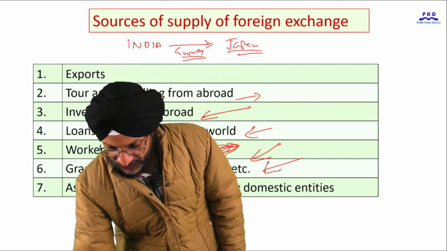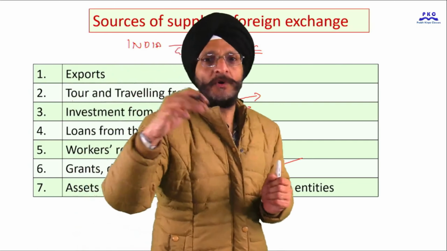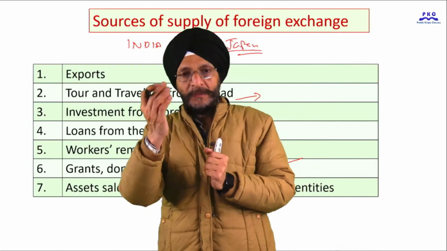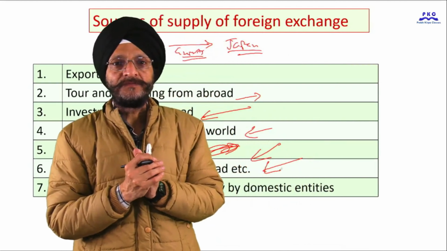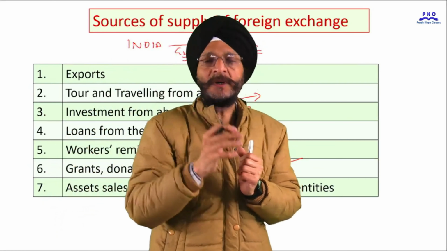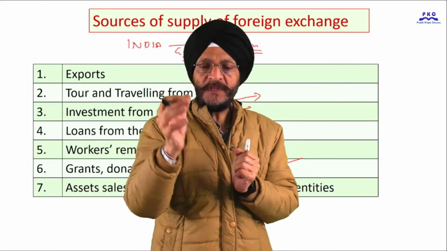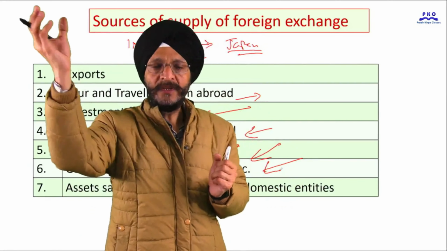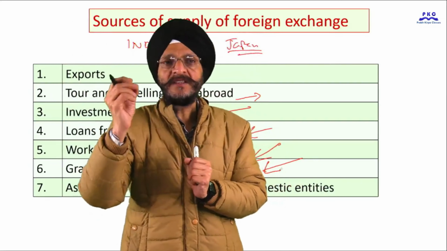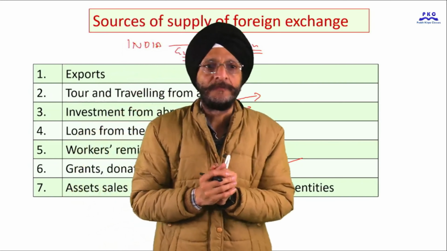Sometimes we receive grants and donations from abroad. It may be unilateral transfers or some sort of grants for investment purposes or some specific purpose. Some donations may be received by our country from the rest of the world. It also results in the supply of foreign exchange.